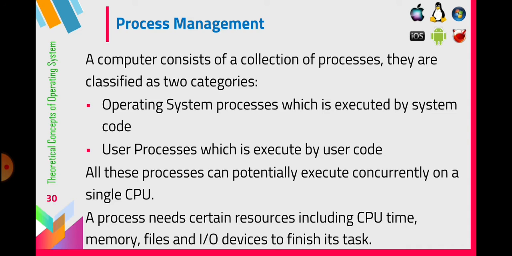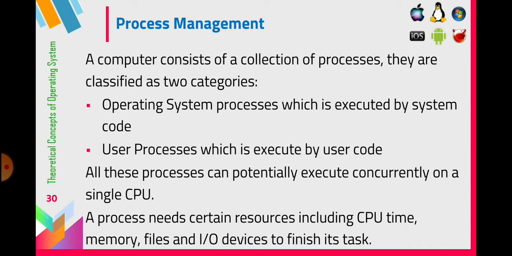A process needs certain resources, including CPU time, memory, files and IO devices, to finish its task. So what things are needed to complete a process? It needs CPU time, memory, files and IO devices.